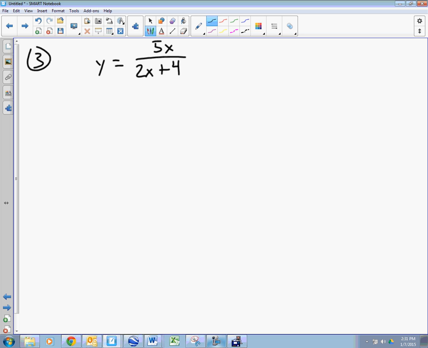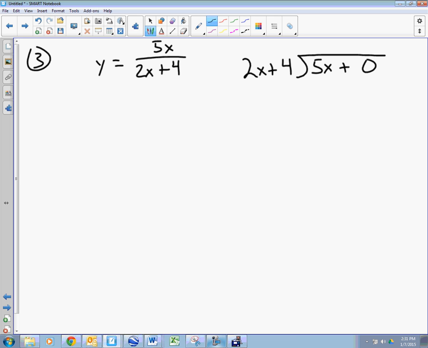Okay, y equals 5x over 2x plus 4. Same type of scenario. We don't have another number up there, but we can still divide it. A lot of people shut down if they see a problem like this because you don't come up with integers.